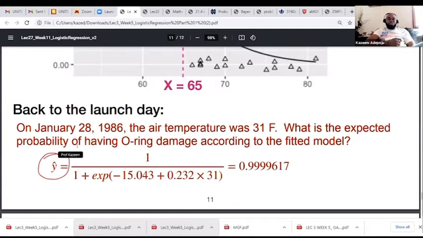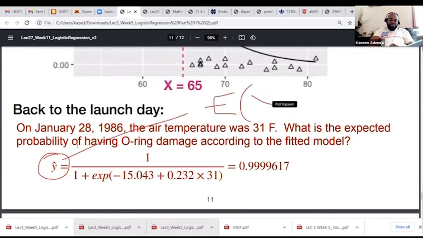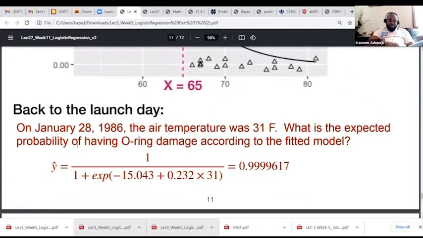It is not just probability, but it is expected probability because it's an average. Don't forget that this is actually the expected value of y, given that x is equal to that. So it's an expected average, the expected value.